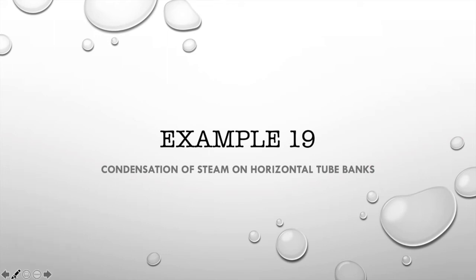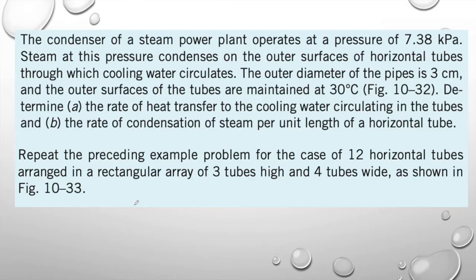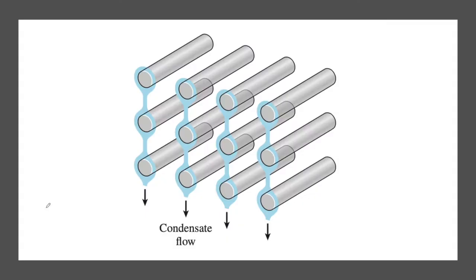Pen color black. So this is the question. The previous question we already answered, the horizontal tubes, and the next question is this: repeat the preceding example problems for the case of 12 horizontal tubes arranged in a rectangular array of 3 tubes high and 4 tubes wide, as shown in this figure.